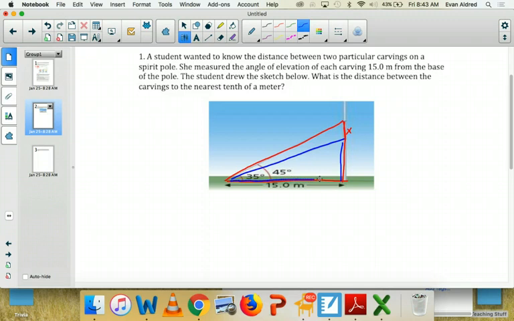And so you can see now that you have multiple right triangles existing within the same question. The base of both of those triangles is 15 meters. That's nice. That's a shared side between the blue and the red triangles.